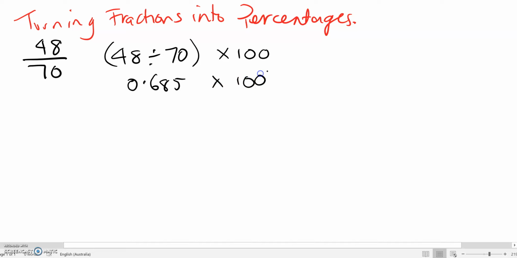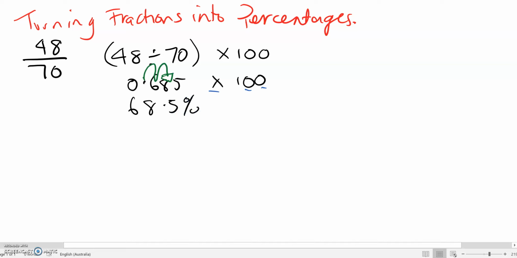Times it by 100, and like we did earlier, because we're multiplying, we're going to move the decimal point 2 places to the right, 2 places because we have 100 there. So we can pick that decimal point up, move it 1, move it 2 places, and it ends up being 68.5%.